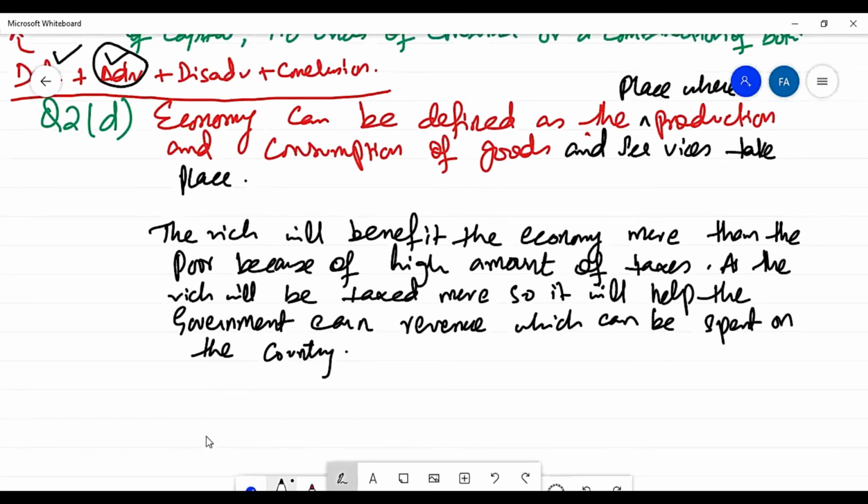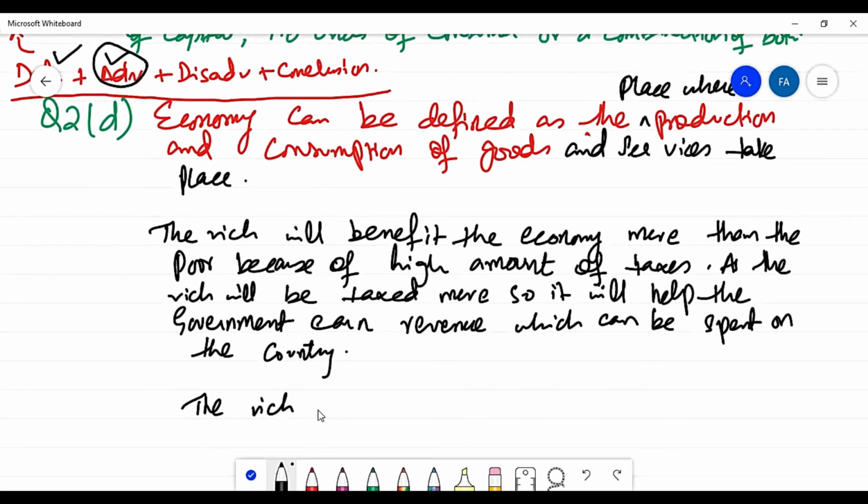Second benefit. Now I'll change the paragraph after leaving one line. The rich will spend more.